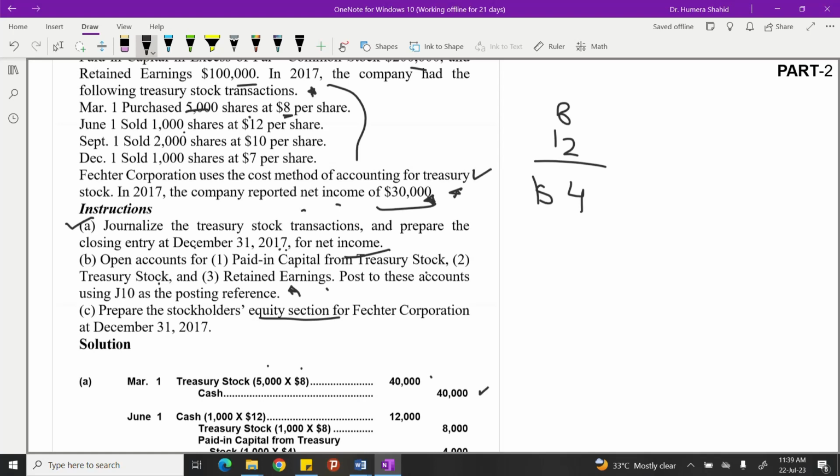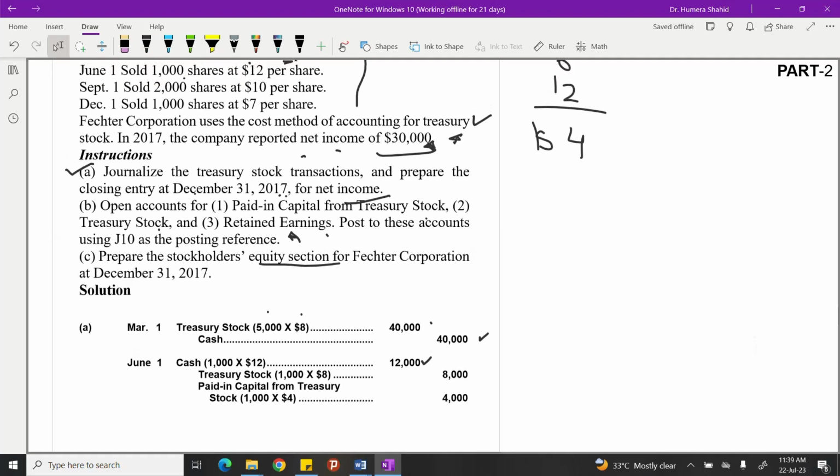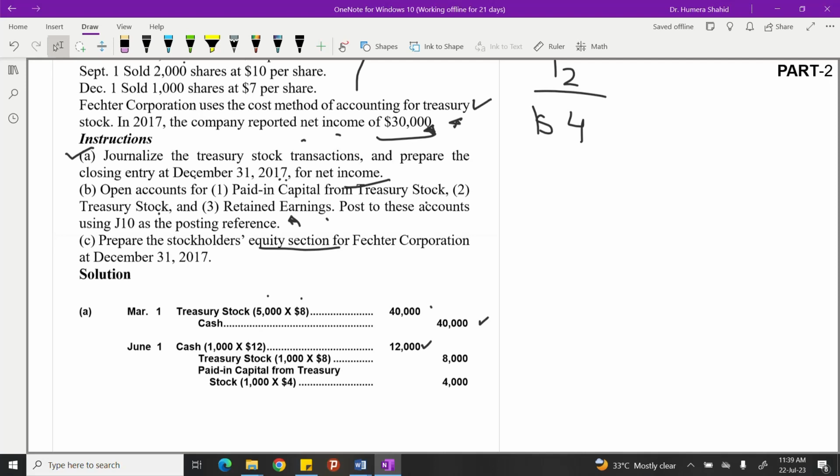Cash gets debit, 1,000 shares, 12 is the issue price, 12,000. Treasury stock gets credit at cost, 1,000 shares multiplied by 8, so 8,000, and paid in capital from treasury stock. 4 was the excess, 1,000 shares, so that is 4,000.